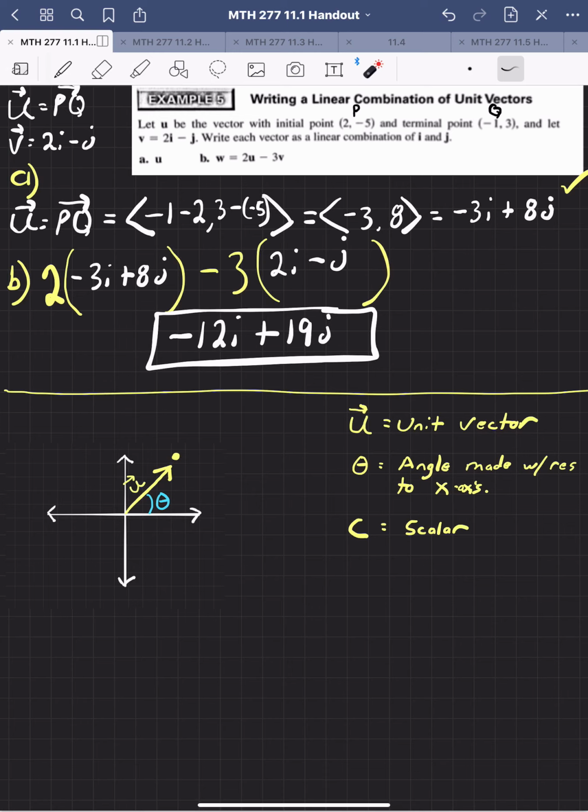Okay, so what we're going to do now is introduce the idea of the angle, and we can think about the angle between two vectors, because we don't want to continue to talk about slope as our only way of finding the direction of a vector, right?